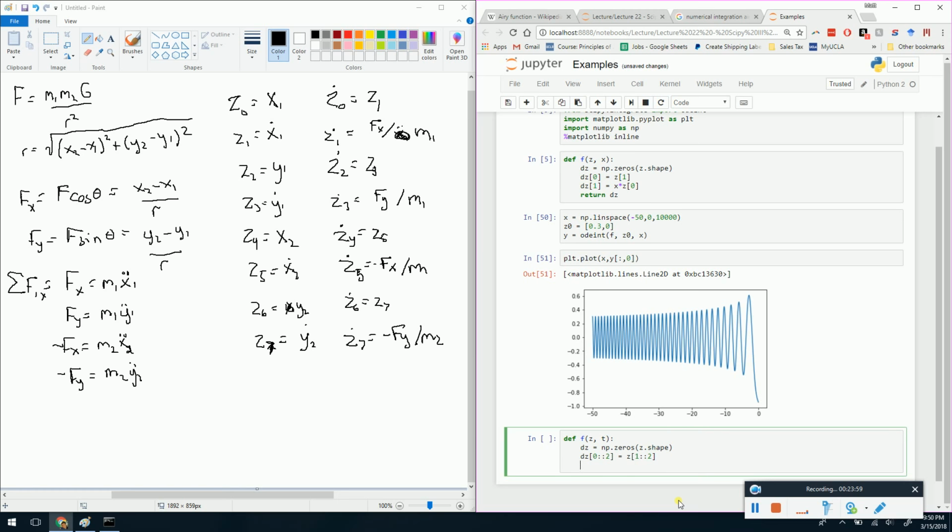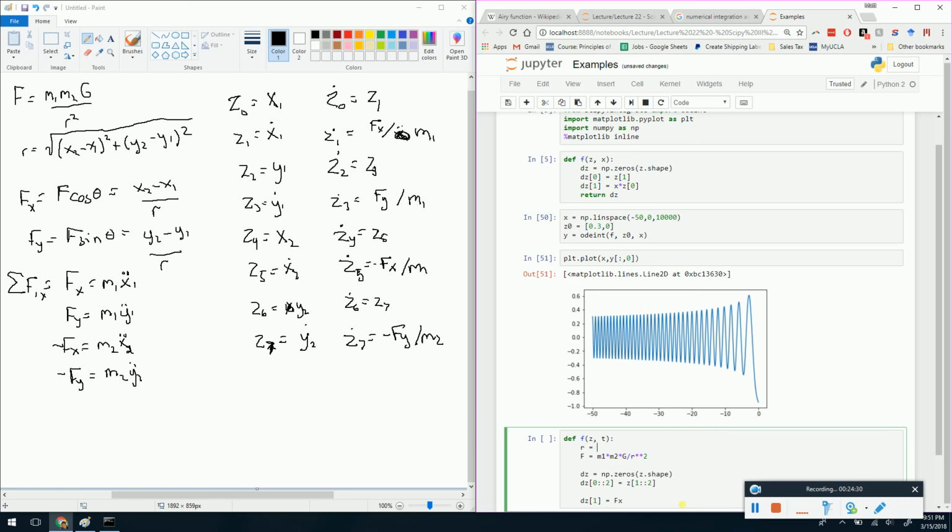And then let's see. We're going to have dz element 1 is equal to Fx. Ooh, okay, let's find out what Fx is. So let's see. First of all, let's calculate F. F is equal to m1 times m2 times G all over r squared. Oh, what's r?